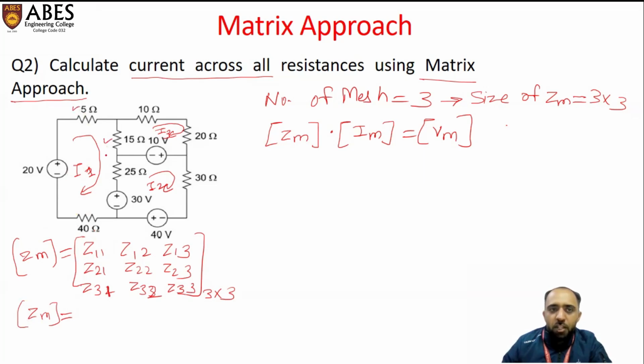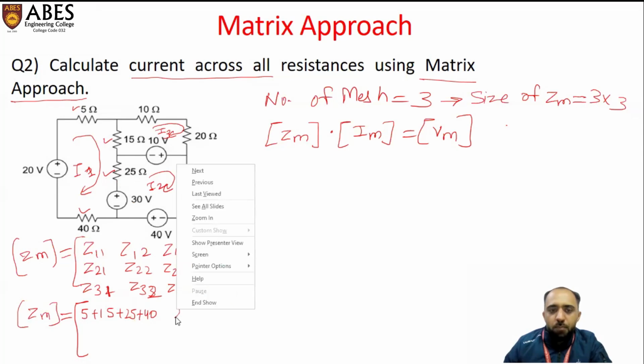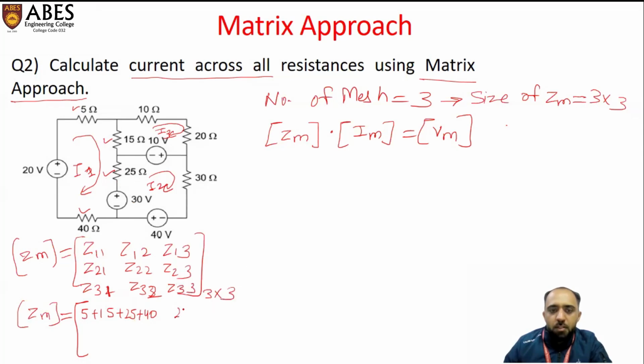5 ohm, 15 ohm, 25 and 40. Add all these. 5, 15, 25 and 40. This is the Z11 only. Z12, 12 means in between mesh 1 and 2. This is 25 ohm.